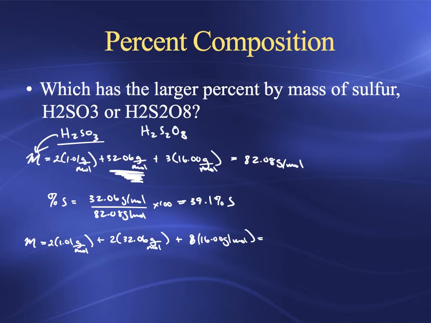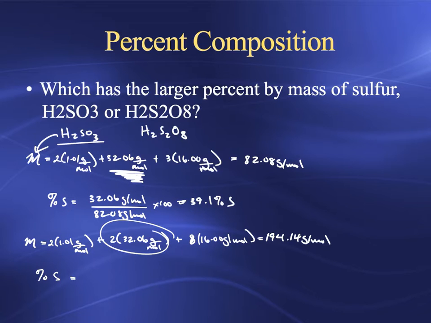We're going to need a calculator for this. 2.02 plus 2 times 32.06 plus 8 times 16. Okay, the whole thing weighs 194.14 grams per mole.